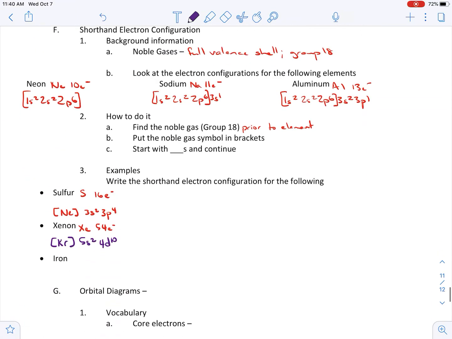So we're going to say 5p6. Now, we can check by counting. Krypton has 36 electrons. Add those 2, which is 38. Add those 10, 48. And then add 6, which gives us 54. We've done it right. Awesome.